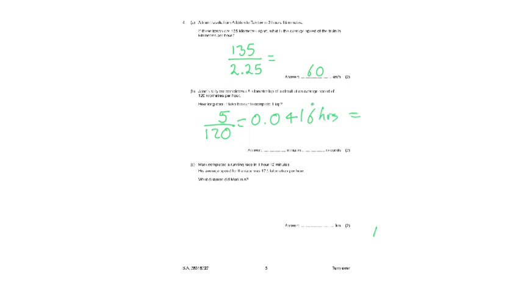So if we times that by 60, we get 2.5 minutes, which we're going to write as 2 minutes and 30 seconds.